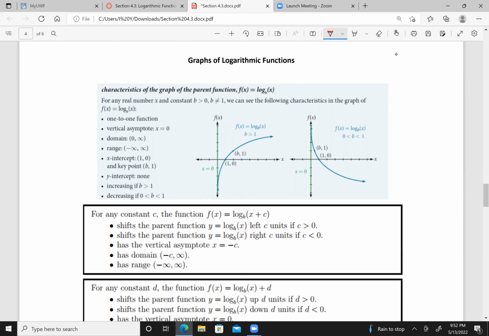It is 1-to-1, has a vertical asymptote at x equals 0, has a domain of 0 to infinity, has a range of negative infinity to infinity, has an x-intercept of (1, 0), and a key point (b, 1), no y-intercept, increasing for b greater than 1 and decreasing for b between 0 and 1.